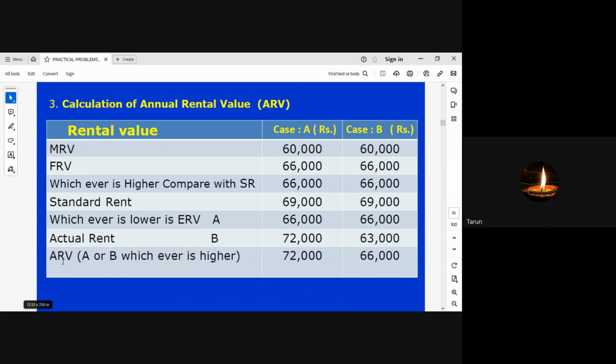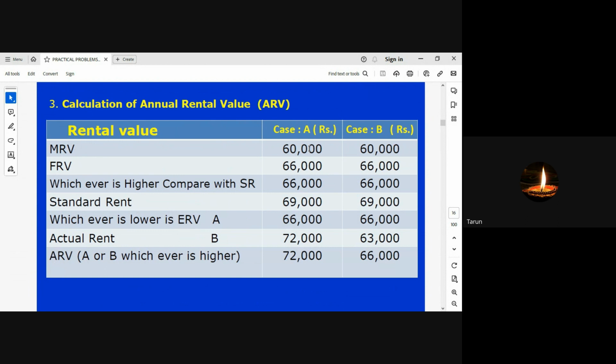Once you get the lower after comparing, that is the expected rent, the ERV. When you compare the expected rental value with the actual rent, whichever is higher is the actual annual rental value. That is 72,000 and 66,000.